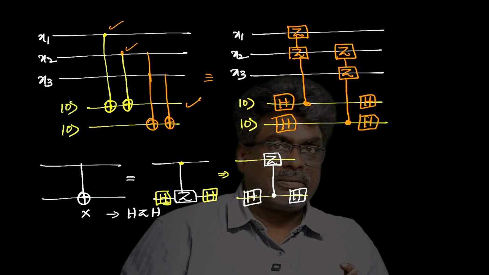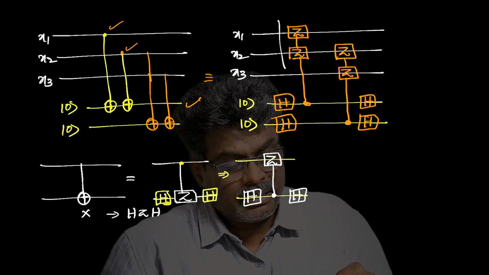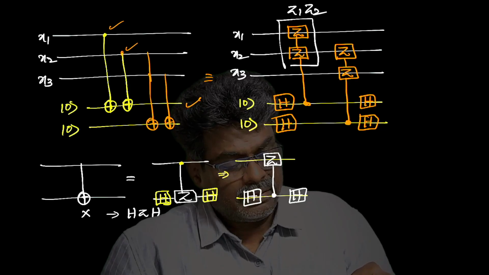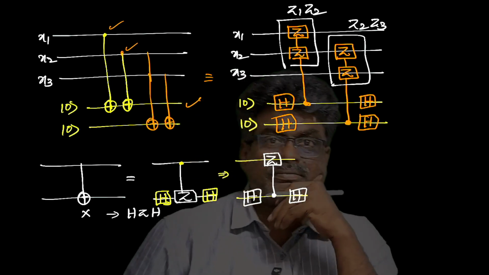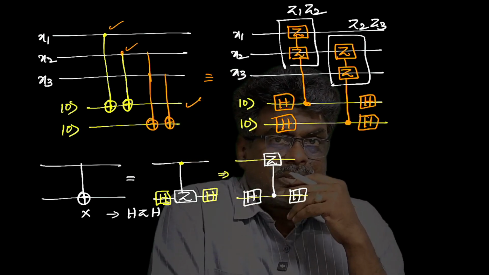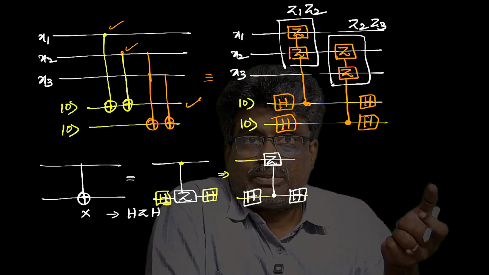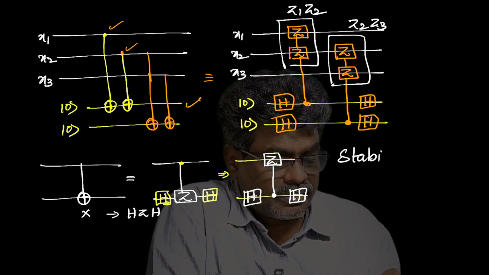So both are equivalent. So here we can say this is nothing but Z1 Z2 and this one, let us take Z2 Z3. Okay, so here Z1 Z2 and Z2 Z3 are called stabilizers.